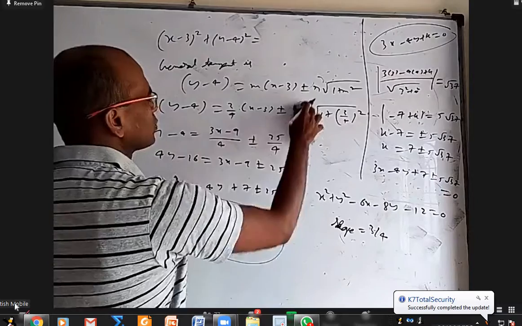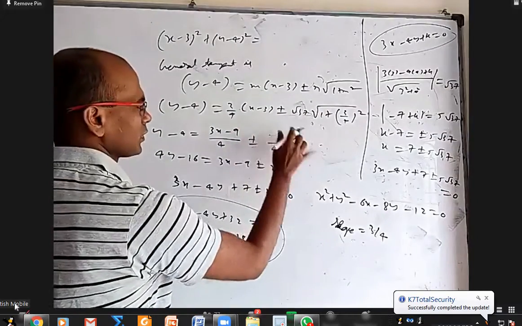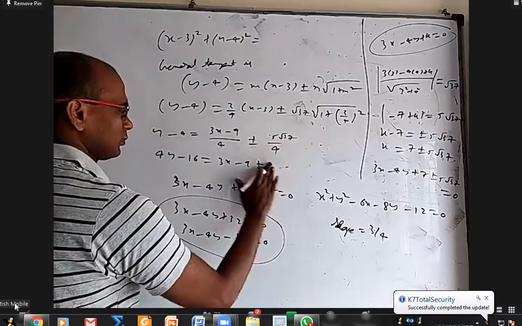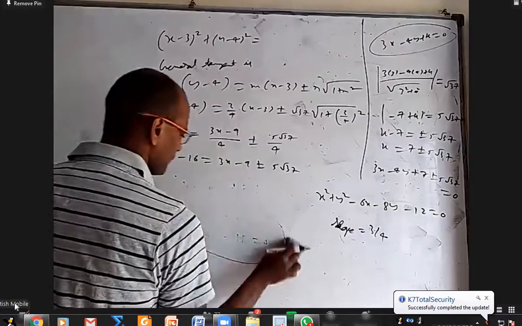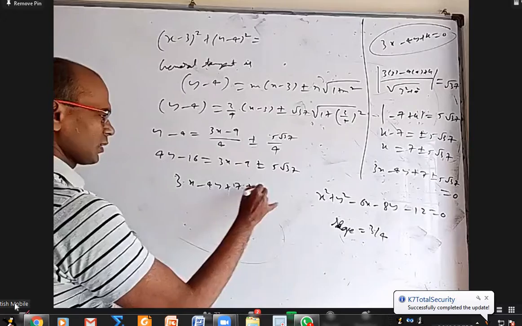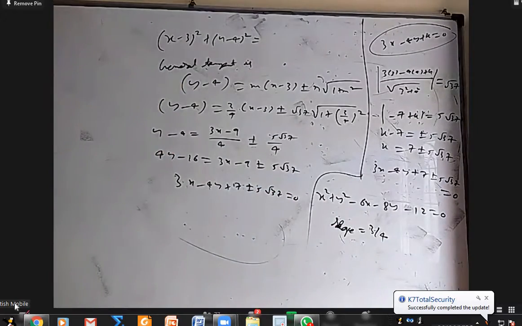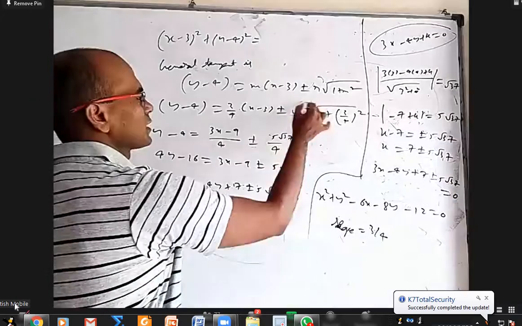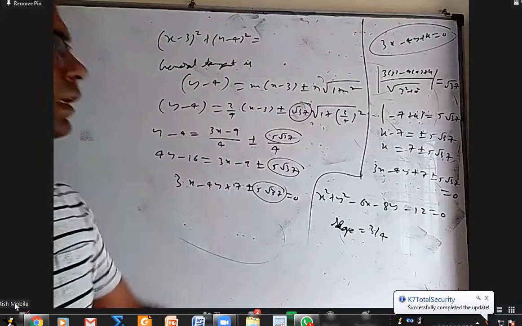So here it will be root 37, then I will not be able to simplify. 5 root 37. Okay, 3x minus 4y plus 7 plus or minus 5 root 37. Sorry, if somebody copied from the board, please correct that radius here, in this term, and this. Here also.